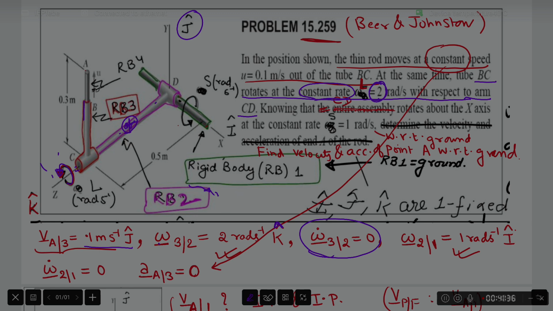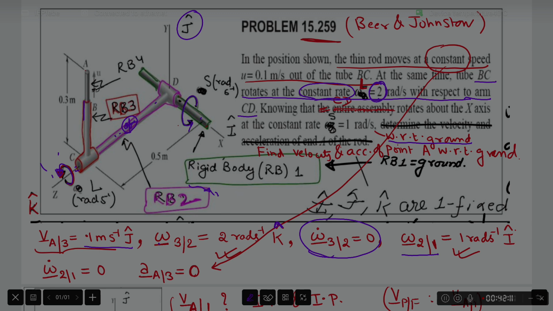However, if I am the author of this problem, I would like to write this extra phrase to make it very clear that rod CD rotates about the x-axis at a constant rate with respect to ground, which means that omega 21, look at this, this is RB2, this is RB1, omega 21 is 1 radian per second along the I direction, and that I know because of this arrow given here.